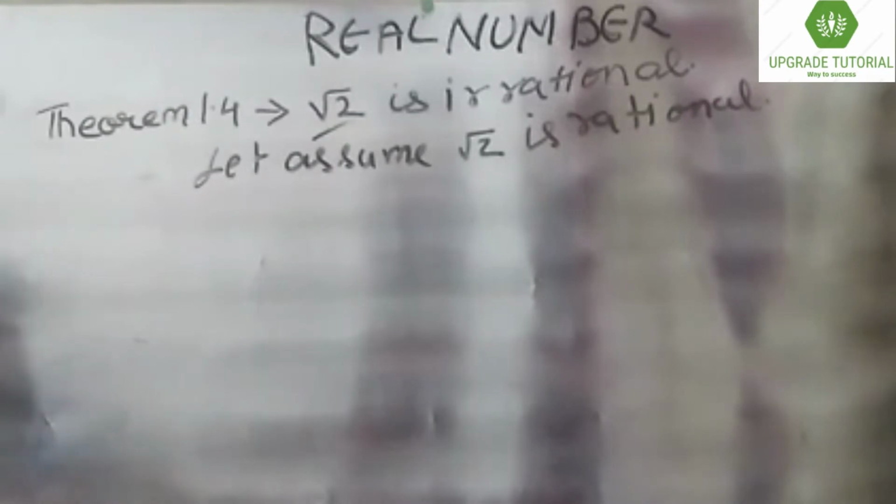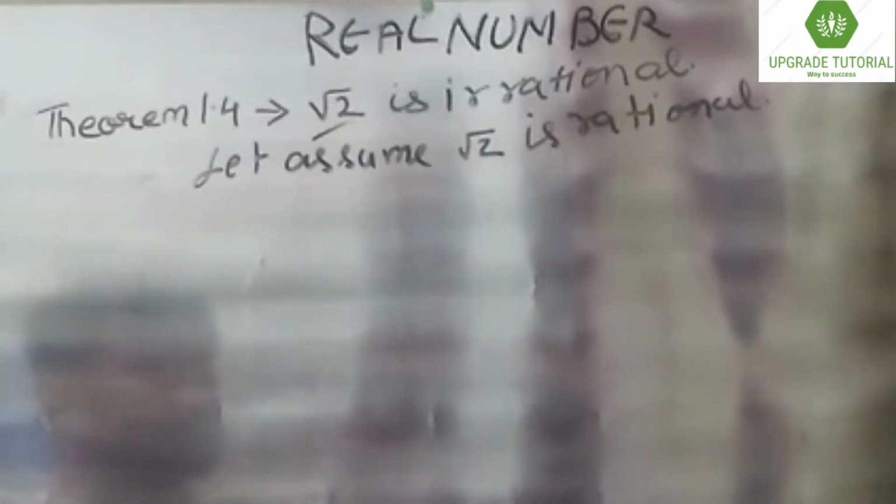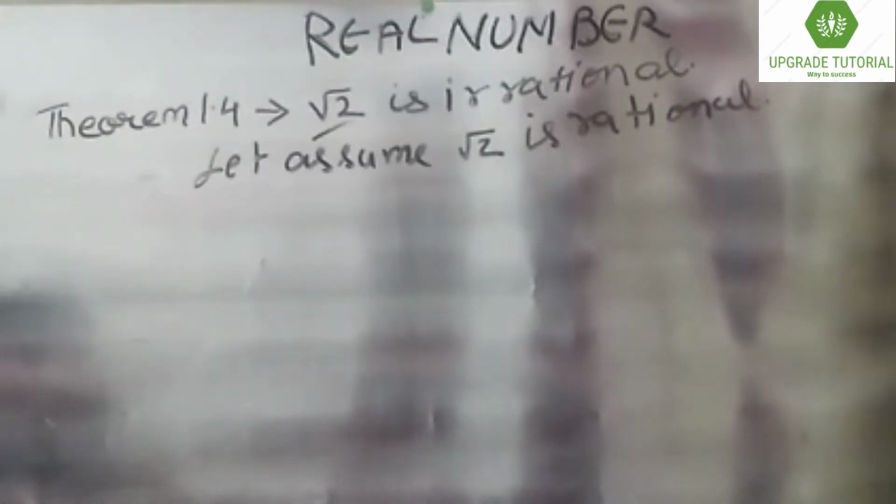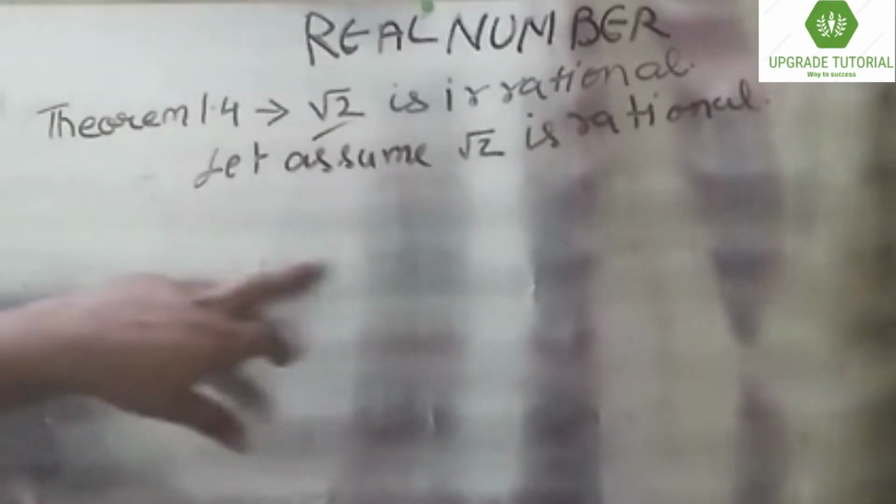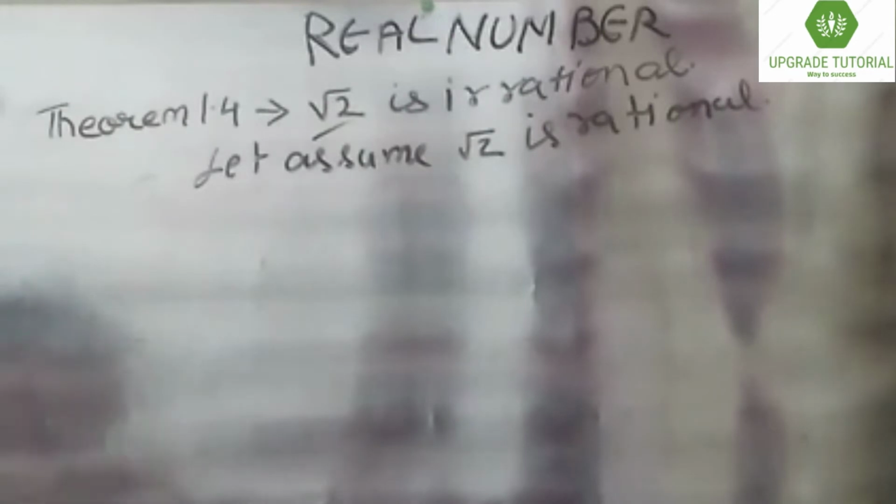In this technique, we assume that root 2 is rational, and at the end we can easily prove that it is not rational, it is irrational. So step by step we can see how.